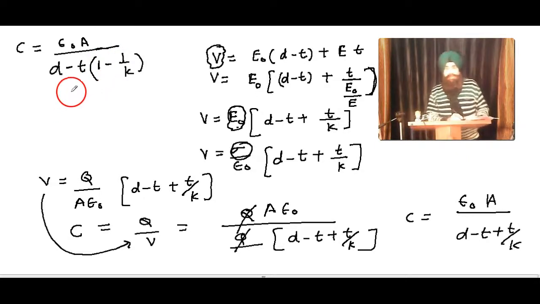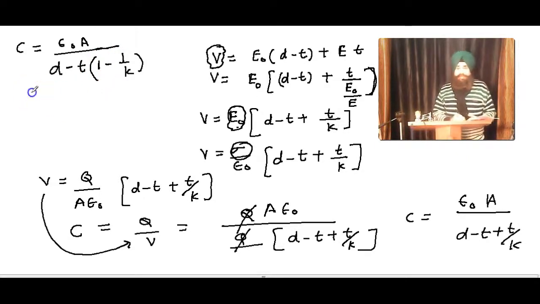Now you remember the formula of the parallel plate capacitor: C is equal to epsilon naught A by d. I am writing it as C naught, when there was no dielectric. When there is a dielectric, this is the formula.